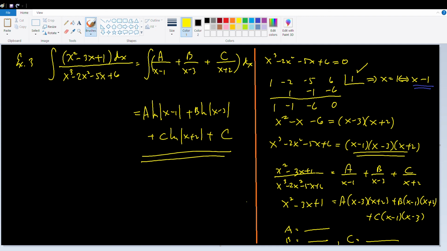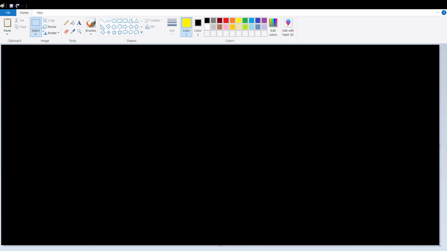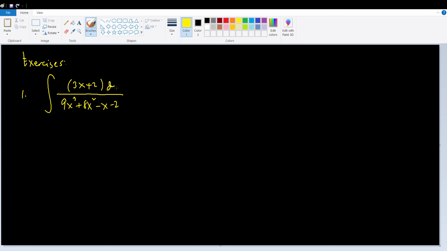Alright, so as an exercise, you work on the following integrals. Number 1: the integral of 3x plus 2 all over 9x cubed plus 8x squared minus x minus 2 dx.